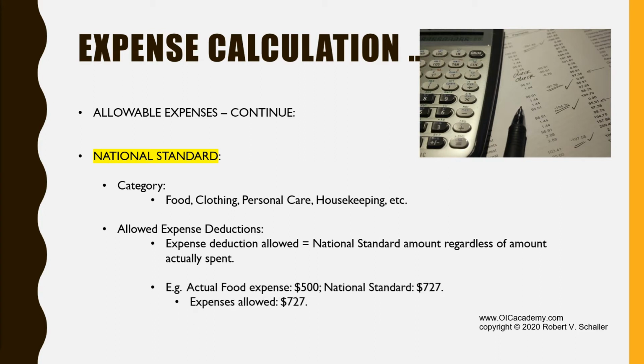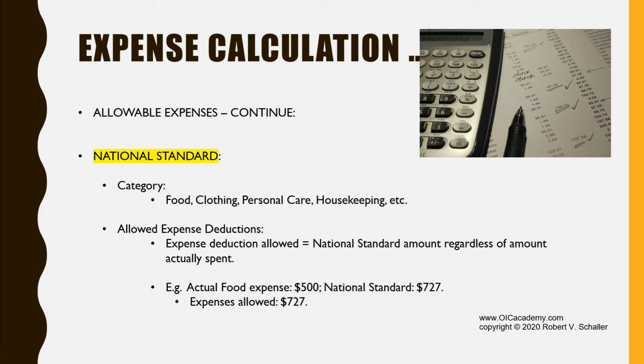For example, assume a taxpayer's actual food expenditures are $500 per month, and let's further assume the allowed national standard for food is $727 per person for this taxpayer. In this scenario, the taxpayer would be allowed a monthly food expense deduction of $727 per month, even though the taxpayer only pays $500 per month in reality.